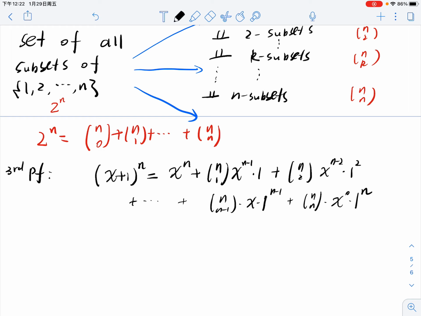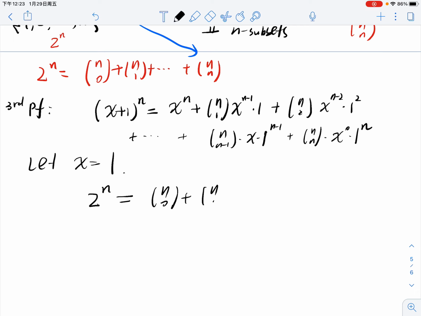And then let x equal 1. Then on the left-hand side we have 2 to the n's power. On the right-hand side we have n choose 0 plus n choose 1 plus all the way to n choose n. Newton's binomial formula.